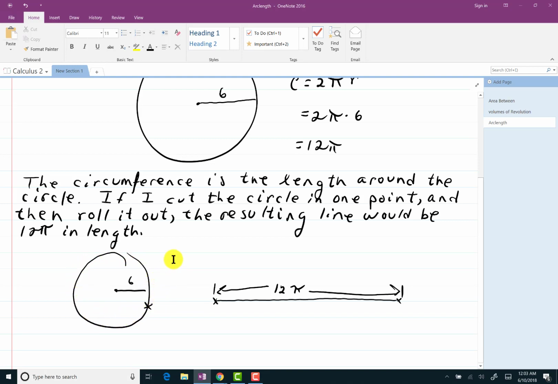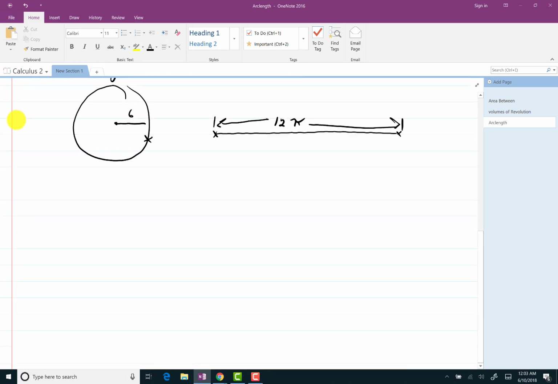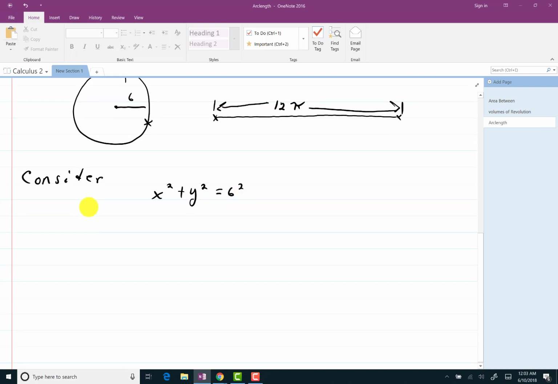Now, I would like to use calculus to show you how to derive this particular answer. And I'll first start with a circle. So, consider x squared plus y squared equals 6 squared. That's a circle of radius 6.